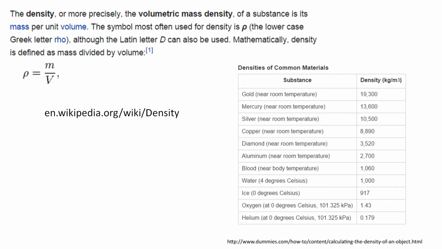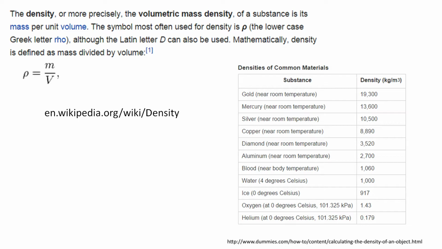But if we head over to the For Dummies website, we can see they give us a handy list of common materials. So for the same amount of substance, gold is heavier than mercury, mercury is heavier than silver, and we'll work down the way here. Silver is heavier than aluminum. This seems to make sense. I see some heads nodding. Aluminum is heavier than blood.